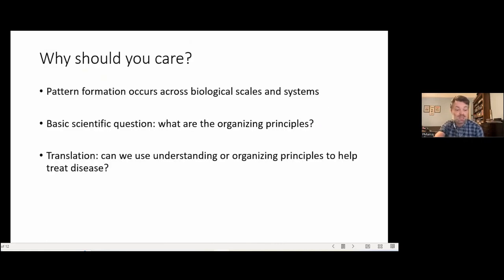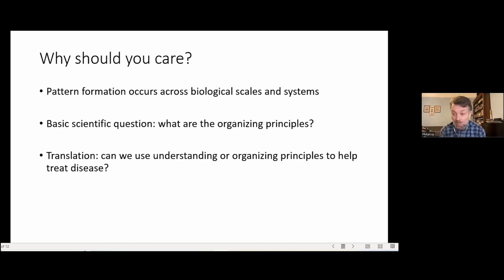So if we move to the next slide, I guess the question might be, well, why should we care about this? And I guess we're studying, again, basic scientific processes. So how do those cells know to go to that place and make that particular pattern? And do we understand what the regulatory principles are? So that's a basic scientific question in its own right.